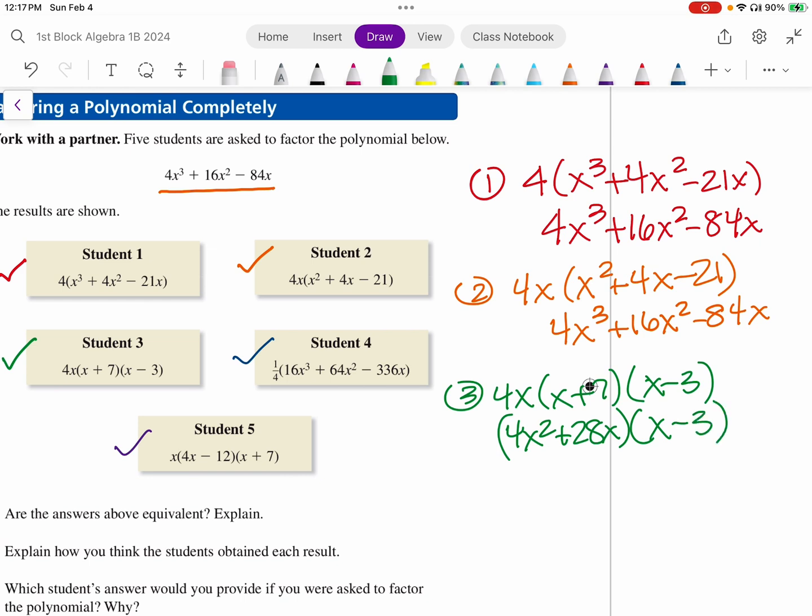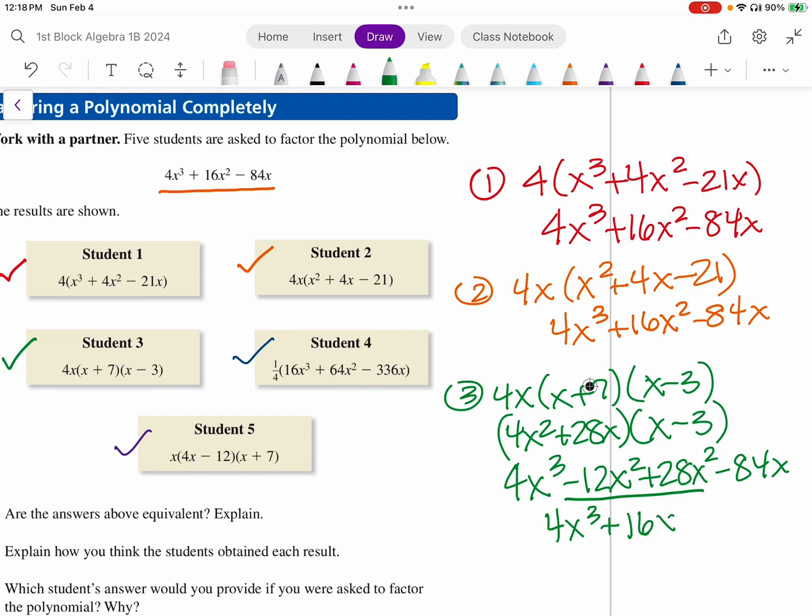Now again, we distribute. 4x squared times x is 4x to the third power. 4x squared times negative 3 is negative 12x squared. 28x times x is plus 28x squared. 28x times negative 3 is negative 84x. Now we have to combine our like terms. 4x to the third plus 16x squared minus 84x.